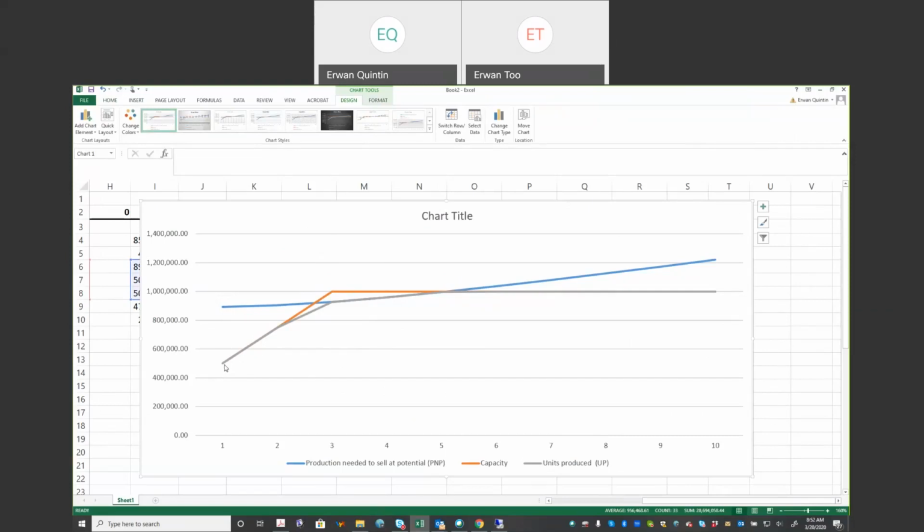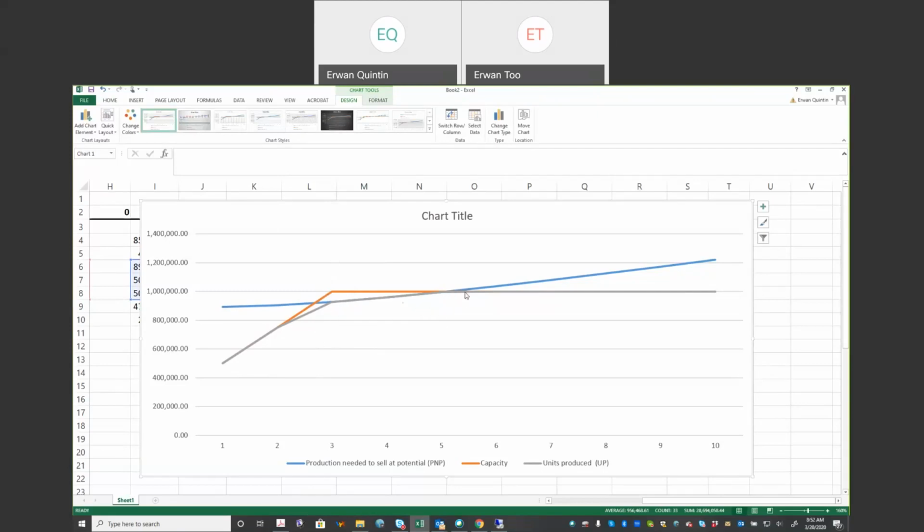So that means that my unit produced are going to be constrained by capacity, and unit produced is shown in gray here. But then in year 3, once I reach my maximum capacity, my capacity is above the production that I need to meet my potential. So that means that I am going to sell at potential, and in particular, unit produced are going to be just the production needed to sell at potential, again, under the no hoarding assumption, which holds here.